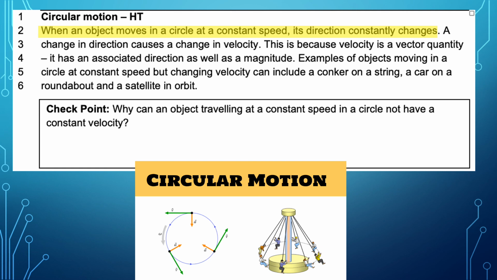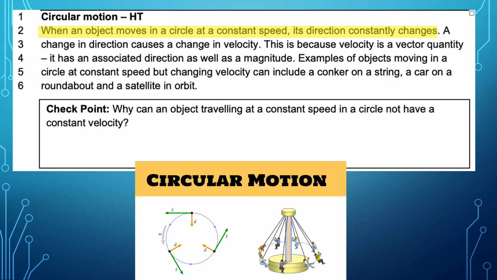A change in direction causes a change in velocity, and you can actually demonstrate this because if you're running straight forward and someone asks you to now run to the right, you're going to lose a bit of speed because you're changing your velocity. You cannot maintain the same velocity and change direction just like that. It's just humanly impossible. This is because velocity is a vector quantity. It has an associated direction as well as a magnitude, so that's a vector.